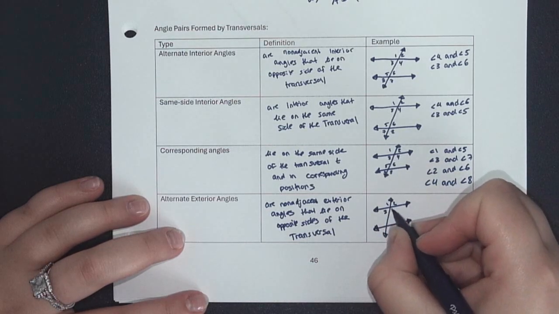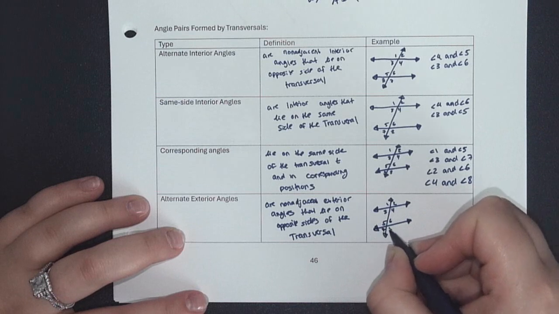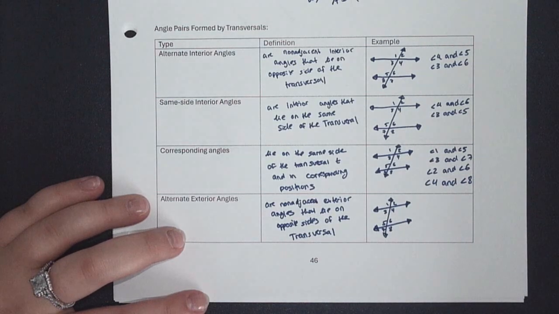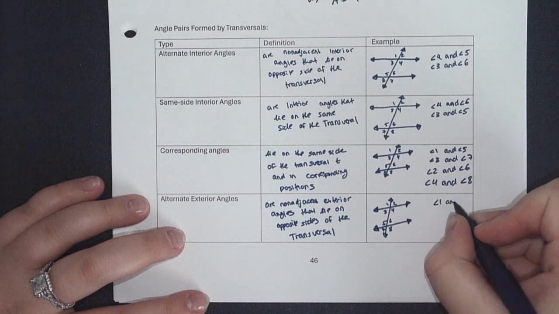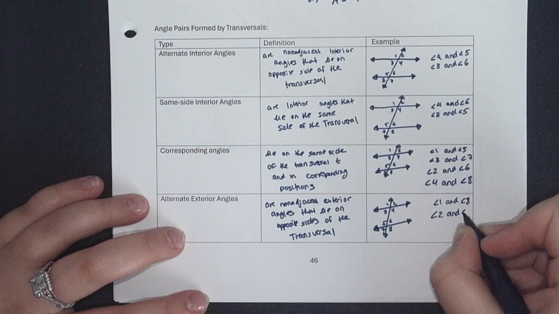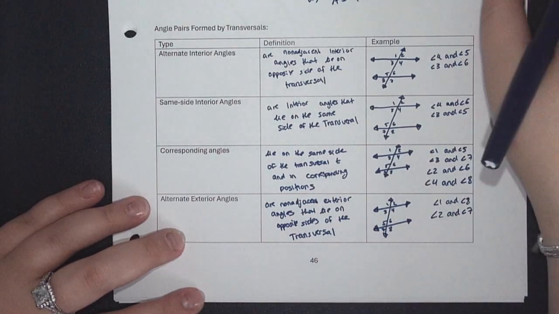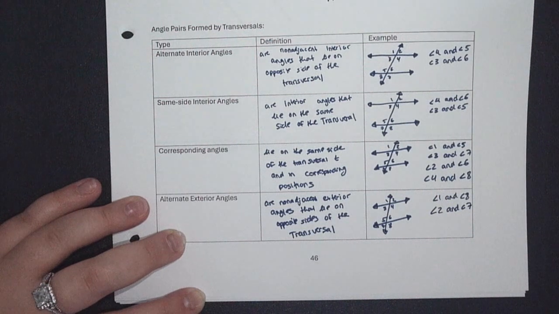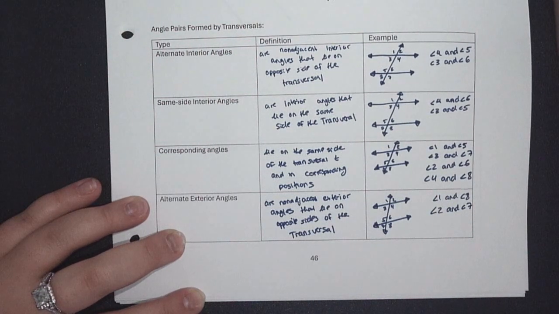So if we have our angles again, alternate exterior angles would be angle 1 and angle 8, and angle 2 and angle 7. And that is all that you need to know at this point about lines and angles.